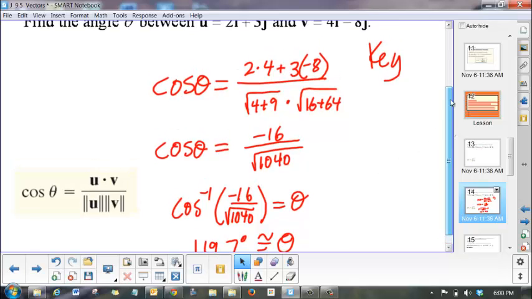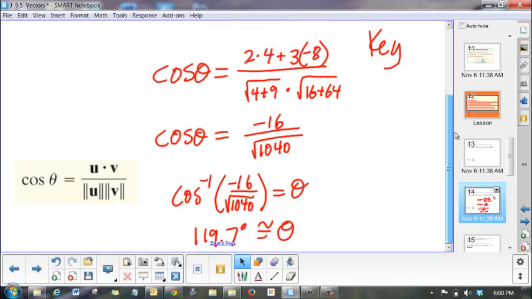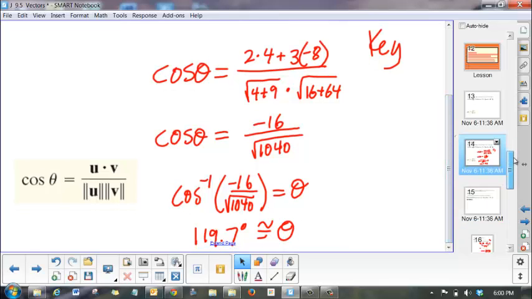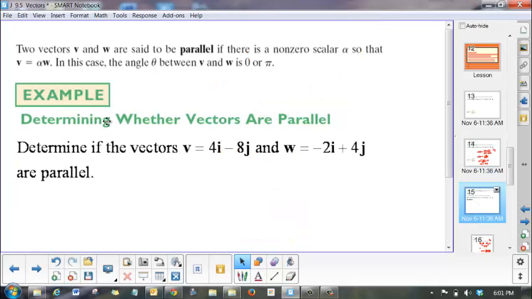All right, so that's the dot product, finding the angle between two vectors. Now there's a couple words you're going to see that look real weird, but it's not too bad. It's determining if something is parallel or what we call orthogonal. Two vectors are said to be parallel if there's a non-zero scalar so that v equals the scalar times w.